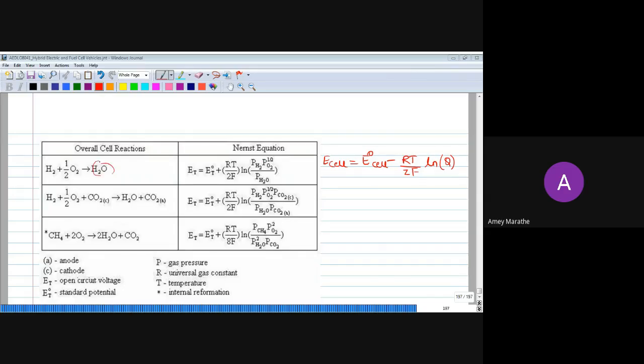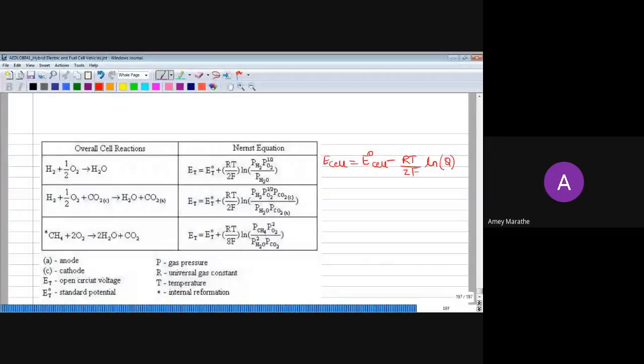This is the overall cell reaction. Whatever is there on the right hand side is what you see here, the logarithm of H2O. So anode, cathode, and you see it is a similar form of reaction which we have used. This is how we can write down the Nernst equation for the fuel cell.